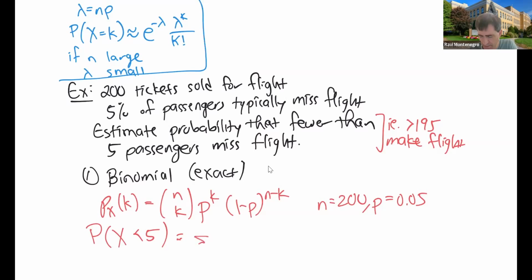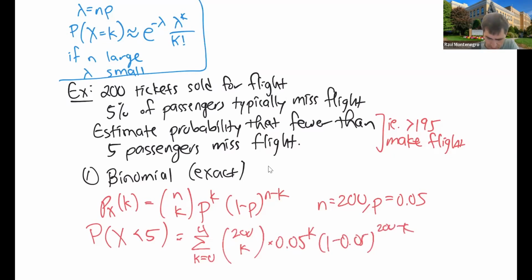So we'll add up the cases that are less than 5, which would be 0 to 4. 200 choose k, 0.05 to the k. Now we've done this on Wolfram Alpha a few times, but let me switch back to it anyways, because you'll need this again on the homework, and you want to make sure everyone's familiar with it.